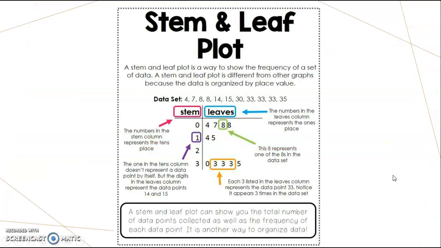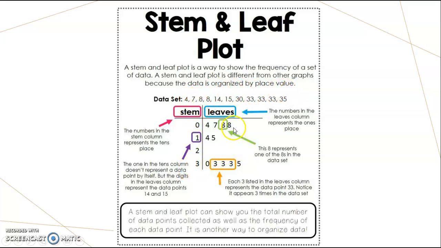So you're probably like, what is a stem and leaf plot? A stem and leaf plot is a way to show the frequency of a set of data. It is different from other graphs because the graph is organized by place value. As you can see here, these are the set of numbers they're giving you, right?